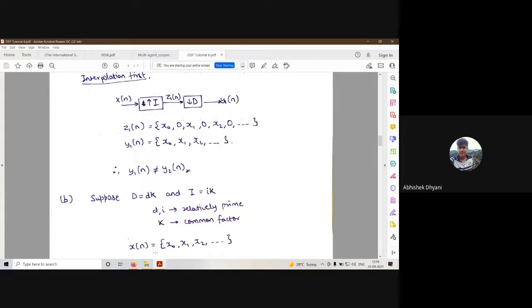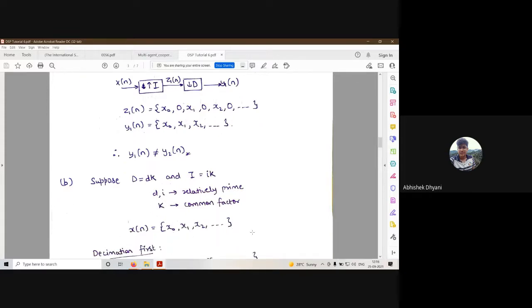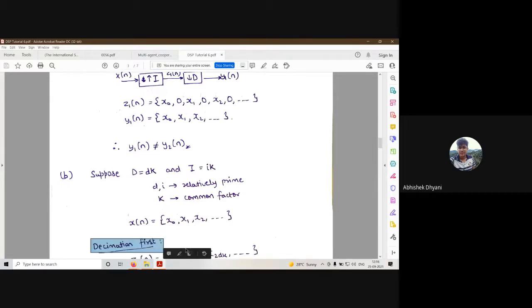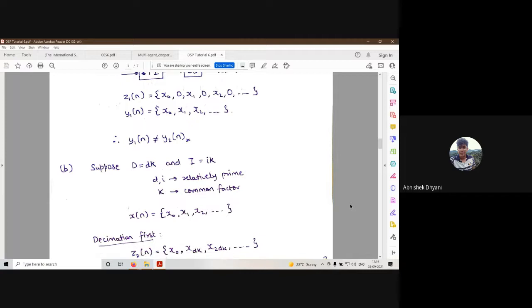We again have this input sequence x of n made out of these entries. We take the case of decimation first again. When we have decimation first, it will select every dkth entry of xn, and that is what z2n will be.